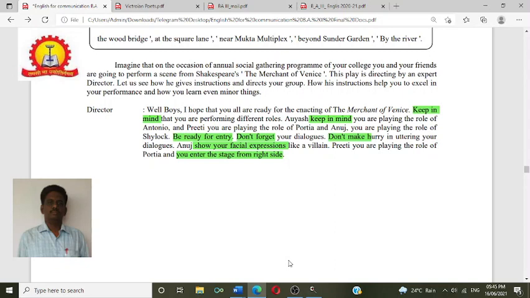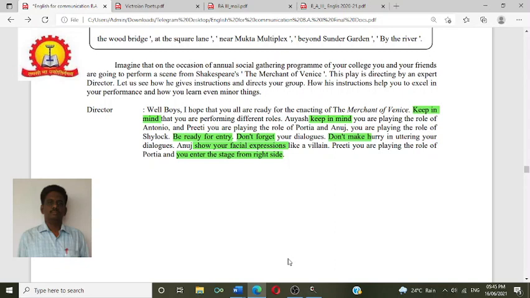These instructions are very pointed. He is not speaking about different things while giving the instructions. For example, with don't forget your dialogues, the director does not start speaking about how Preeti forgot dialogues once when they were performing Hamlet, Shakespeare's another play. Don't do that. Focus on the instructions, give only the instructions instead of giving instances.